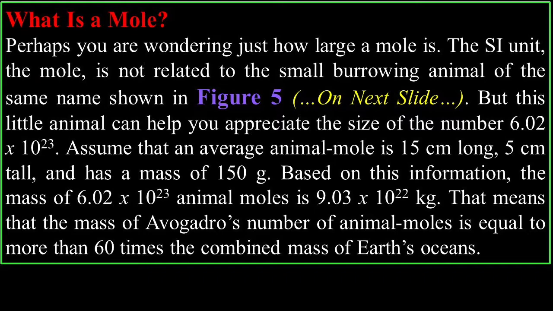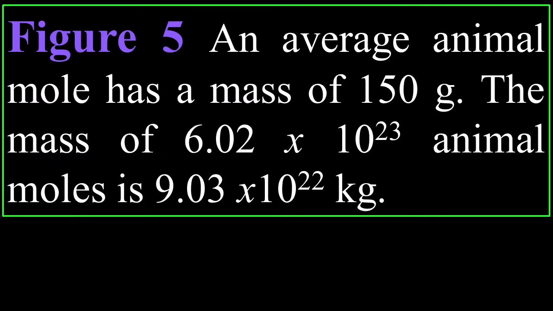Assume that an average animal mole is 15 centimeters long and 5 centimeters tall and has a mass of 150 grams. Based on this information, the mass of 6.02 times 10 to the 23rd animal moles is 9.03 times 10 to the 22nd kilograms. That means that the mass of Avogadro's number of animal moles is equal to more than 60 times the combined mass of Earth's oceans.